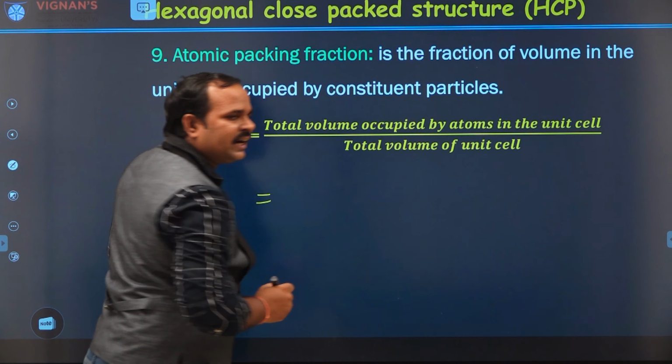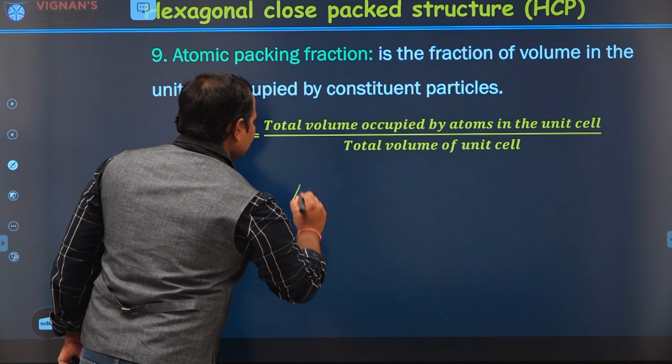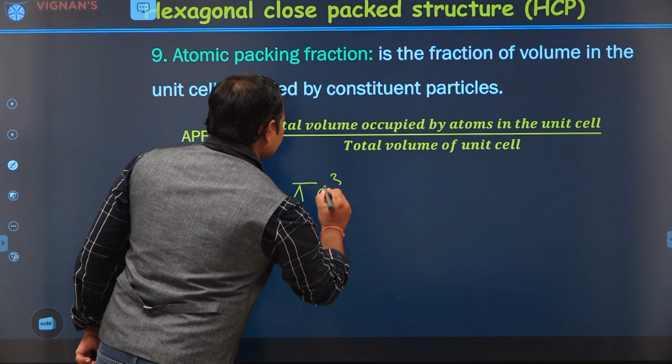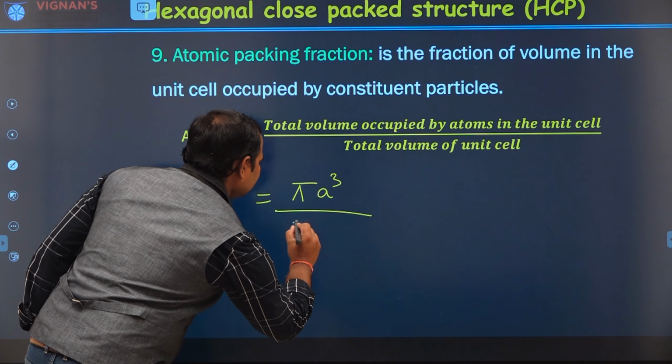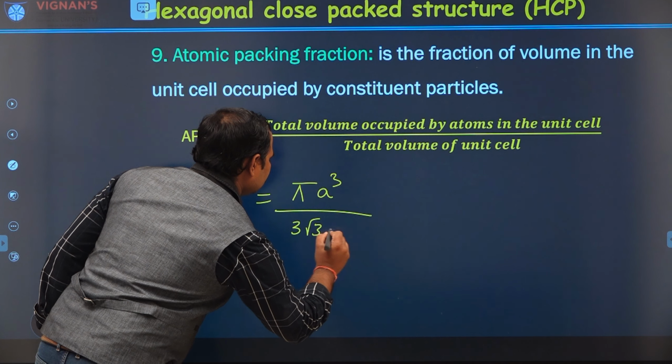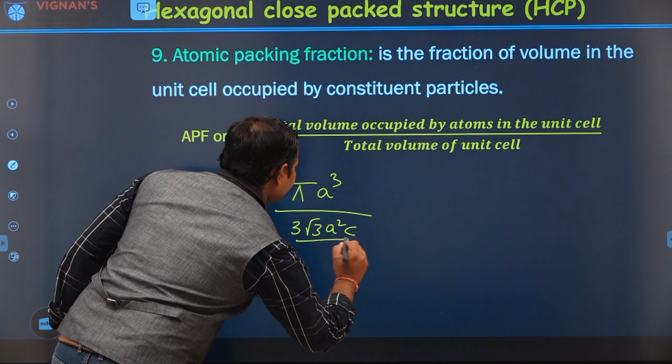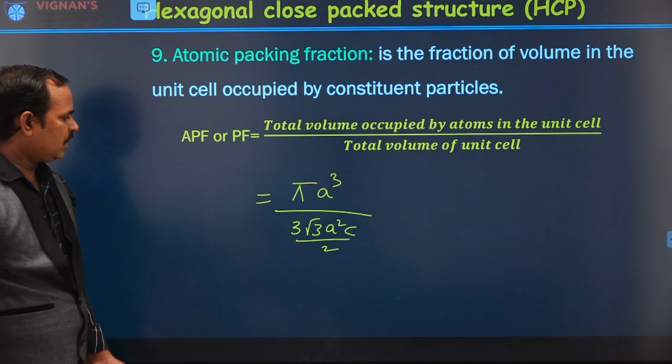We know that the volume occupied by the atoms in the unit cell is 2 pi A cube by 3. The total volume of the unit cell is 3 root 3 A square C by 2. Now let's calculate.